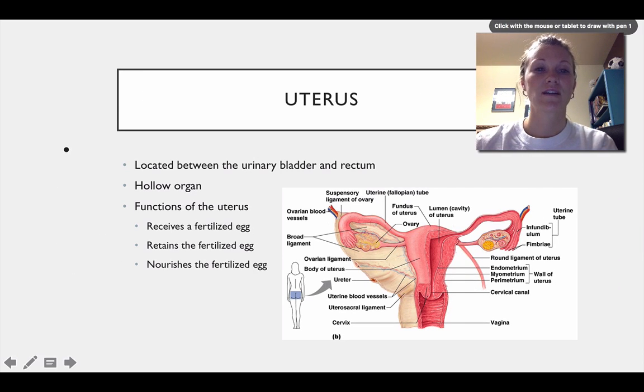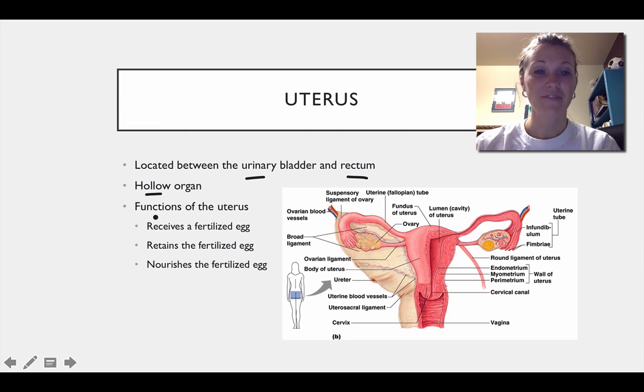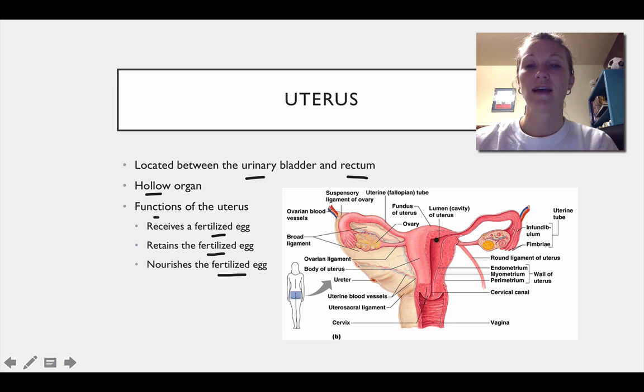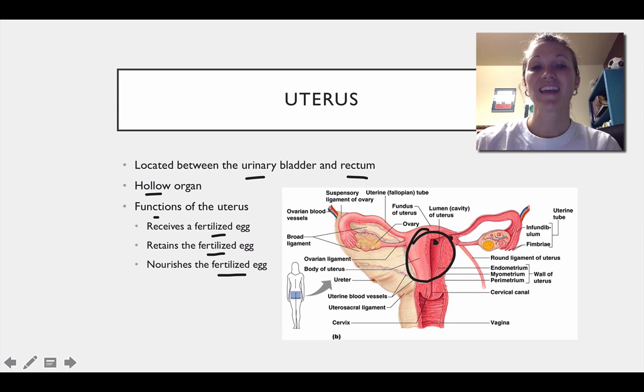The uterus is located between the urinary bladder and the rectum. It is a hollow organ, and its functions are to receive the fertilized egg, retain it, and nourish it. Assuming there's a zygote, fetal development will occur in the uterus.